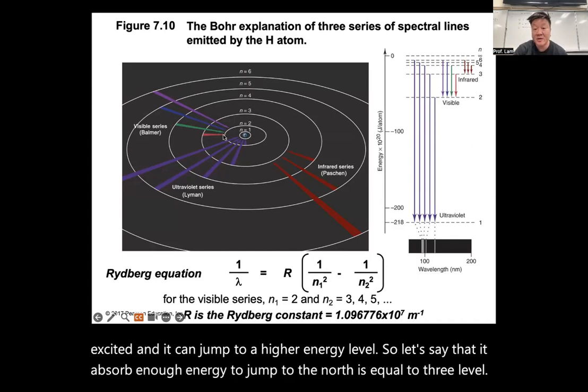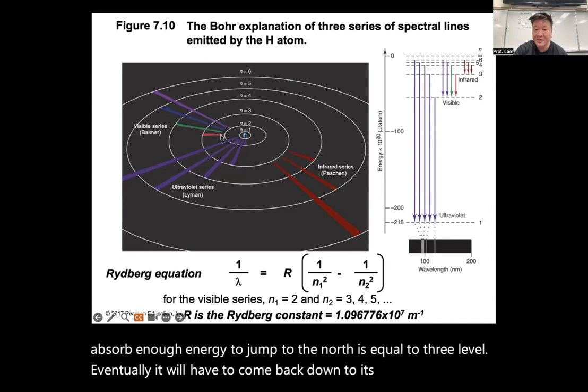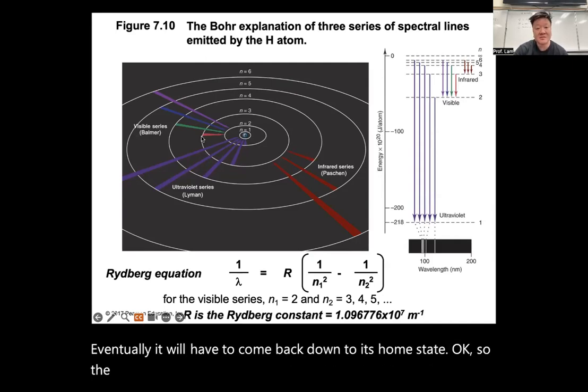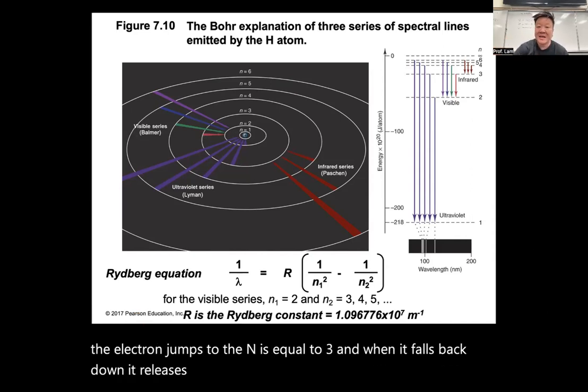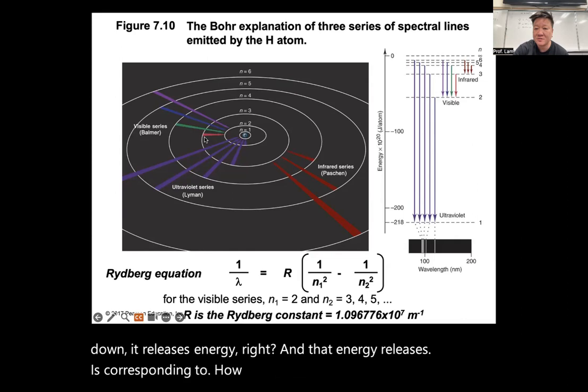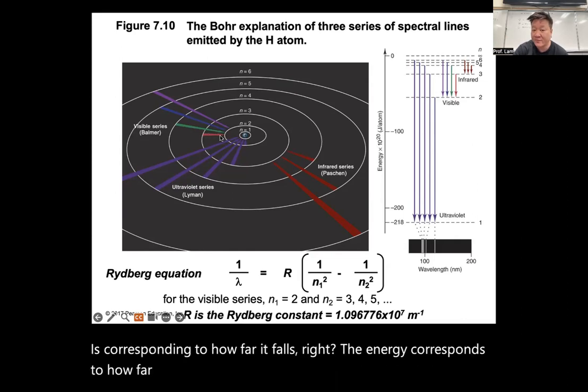Eventually, it will have to come back down to its home state, okay? So when it falls back down, it releases energy, right? And the energy corresponds to how far it fell.